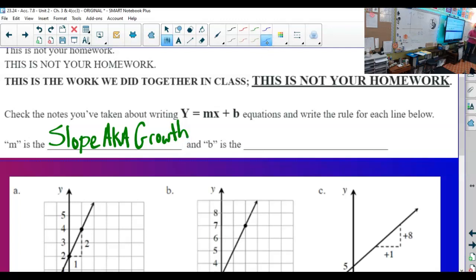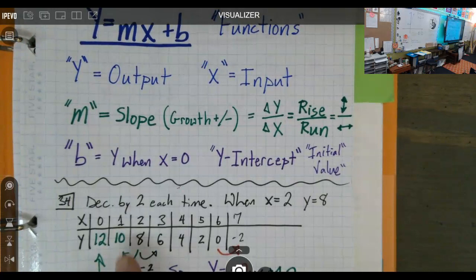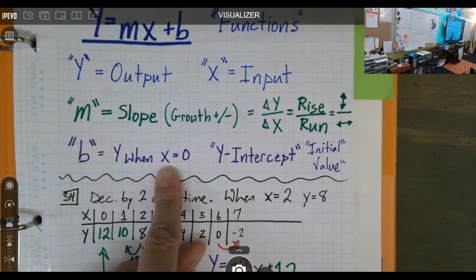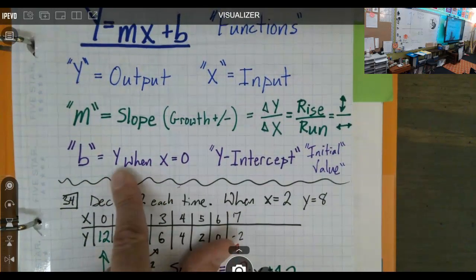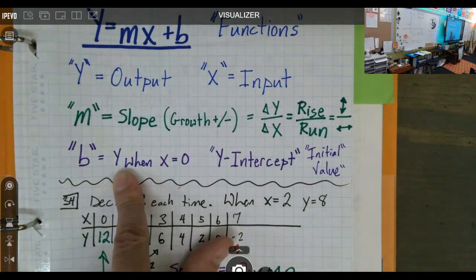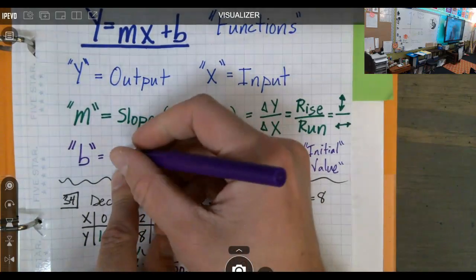The B. So, I wanted to circle back to this because I feel like this confused some people with how we wrote it before we started doing this work. When we wrote this in our notes, we wrote y when x is 0. And really, we probably should have put the y value or y location.